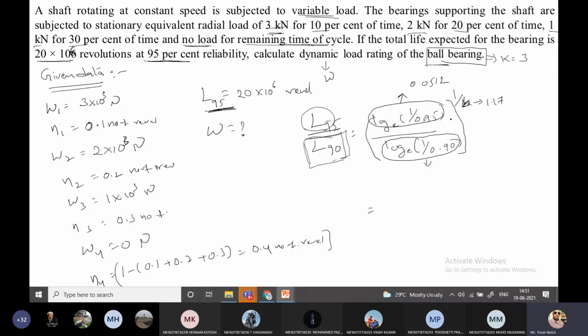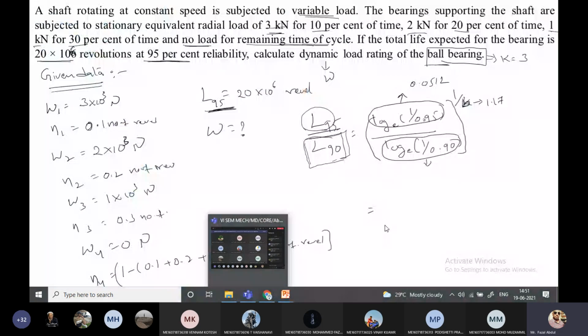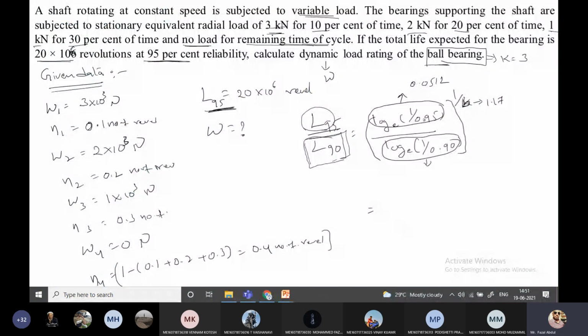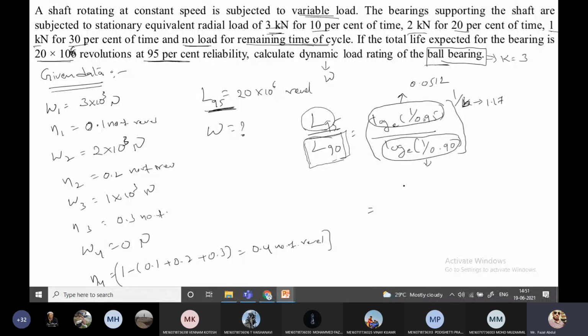The first value is correct. The bottom value, the denominator value, log E 1 by 0.90, how much? 0.105. Very good. 0.105.